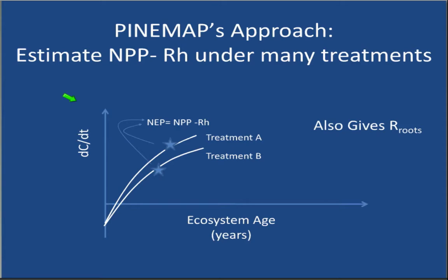And of course, the nice thing about this is that we're also getting an estimate of root respiration that can be used to test our assumptions about plant carbon allocation. I didn't go into much detail on how we exactly measure heterotrophic respiration. If anyone is curious, I can recommend many papers. With that, that's all I have.